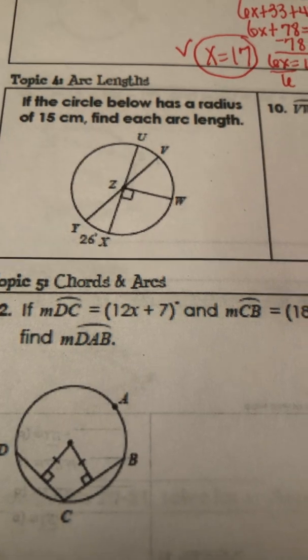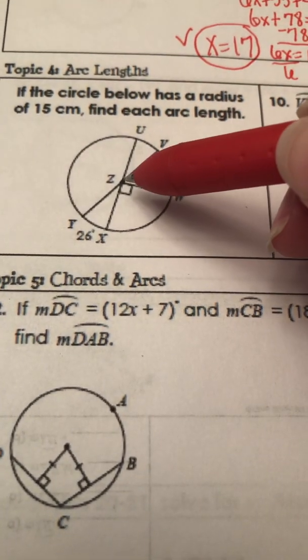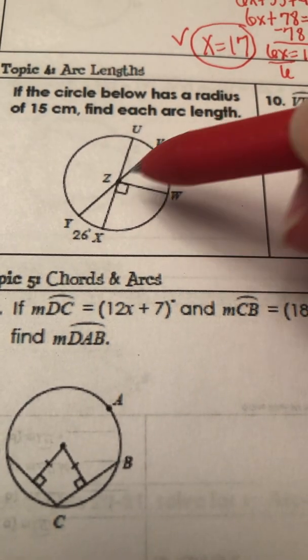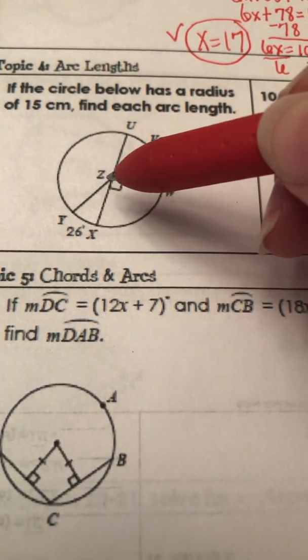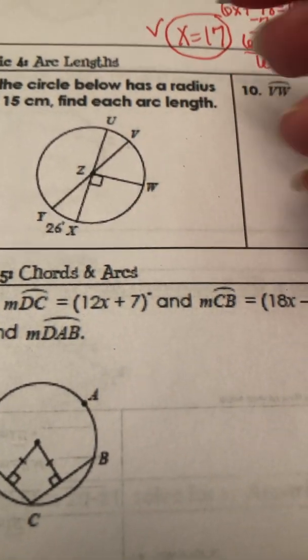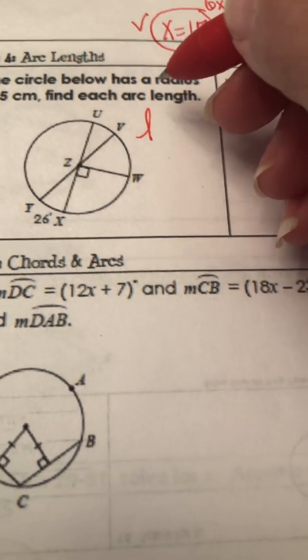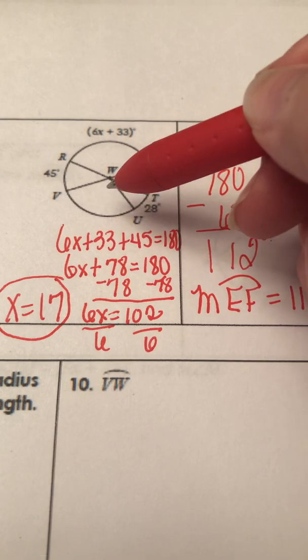Okay, in the circle below, we have a radius of 15 centimeters, so that could be ZU, ZV, ZW, ZX, or ZY, all kinds of radii. Find each arc length. Now, to find the length of the arc, this is not the degree of the arc. Remember, the degree of the arc is going to be equal to its central angle, which is what we've dealt with in the previous problems.